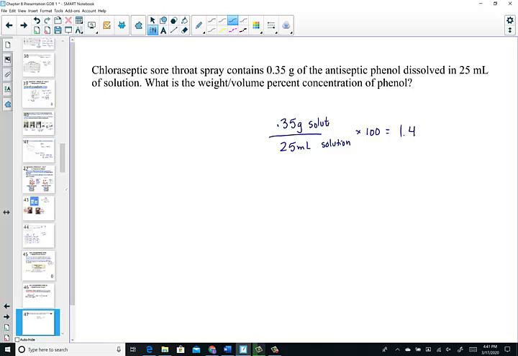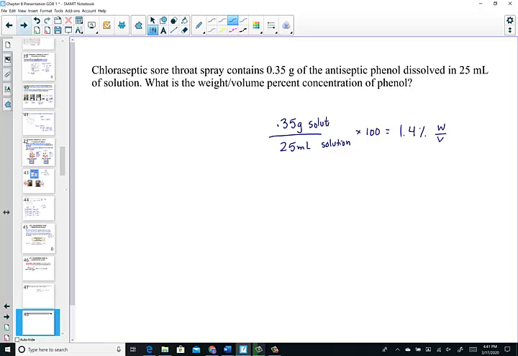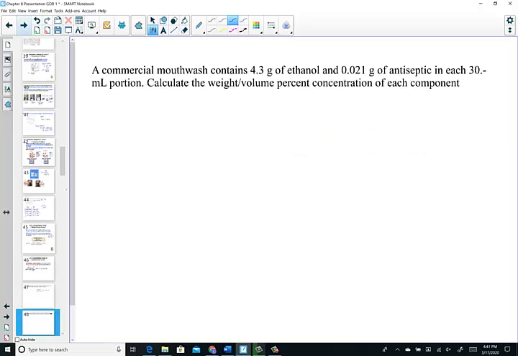This is 1.4% weight by volume. And that's that. Giving grams of solute divided by the volume of solution expressed as a percent, 1.4%. And then you'll see that W over V representing a weight by volume percentage. Should we try another? These are kind of fun.